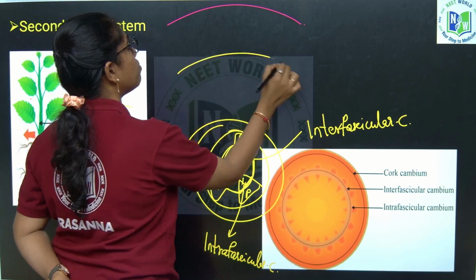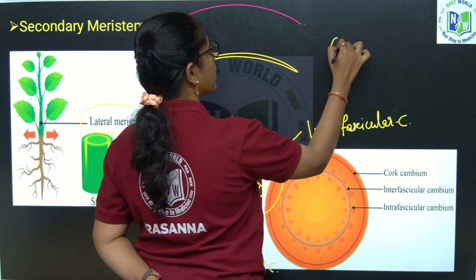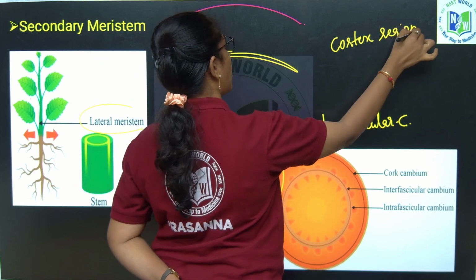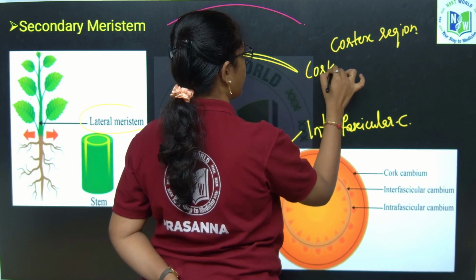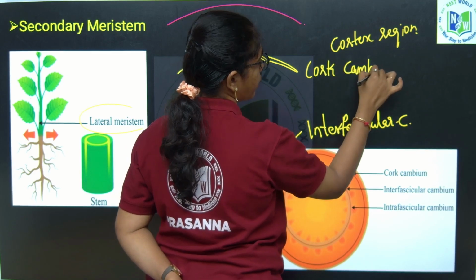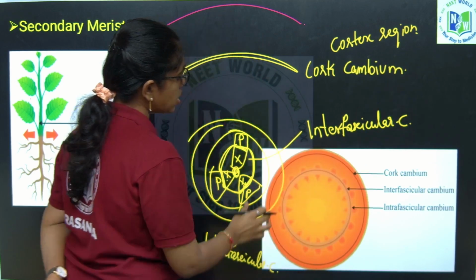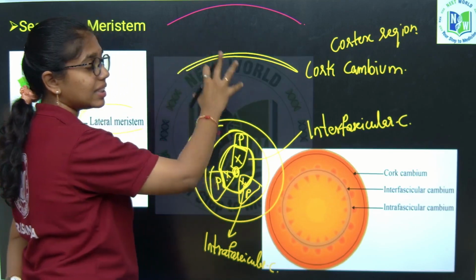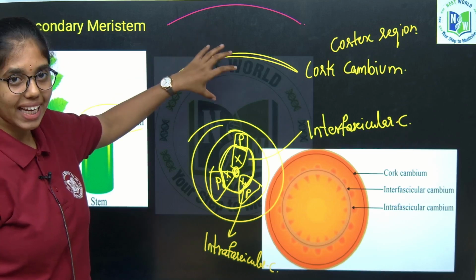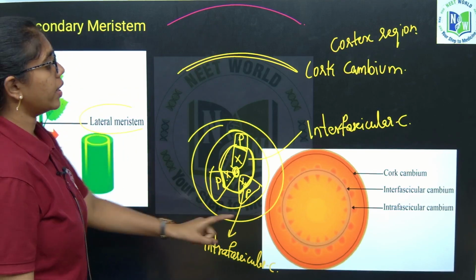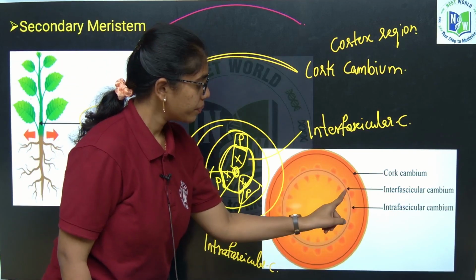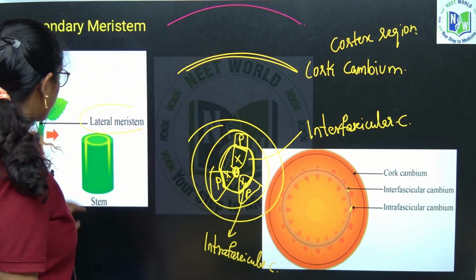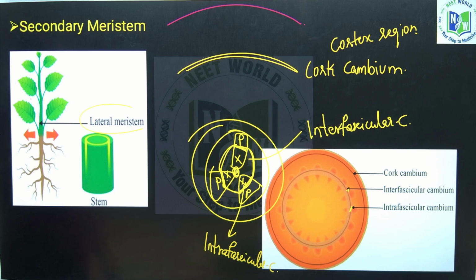And the cambium which is formed in the cortex region is called cork cambium. This ensures stellar secondary growth, and the cork cambium ensures non-stellar or cortical region secondary growth. Here you can see cork cambium, interfascicular cambium and intrafascicular cambium. This is about secondary meristem.